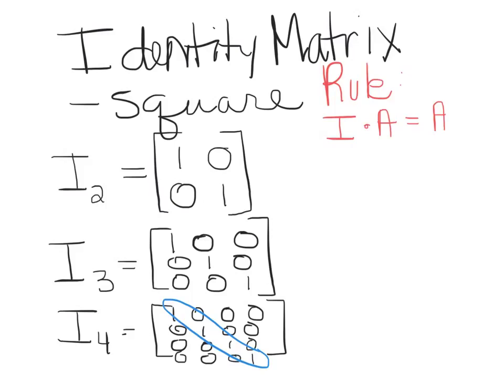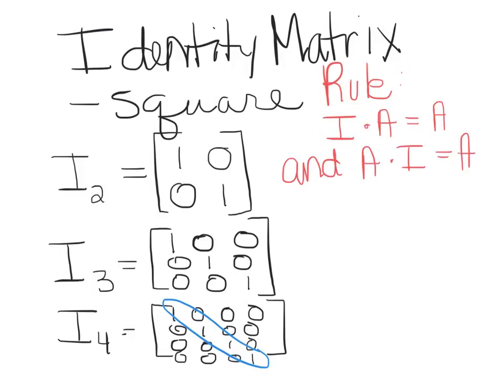The same thing here, if I multiply a matrix by I, the identity matrix, then you get the same matrix that you started with. It's also true that I can do it in both directions. A times I would also equal A.